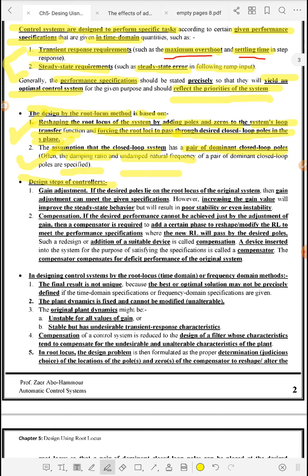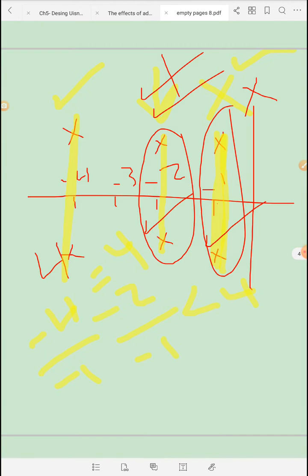So in our case, we have two scenarios for the design of the controller. The first procedure is the gain adjustment. And if gain adjustment does not work, then we should add a controller as given in the compensation step. In order to understand this fact, I will clarify it using the following pages.